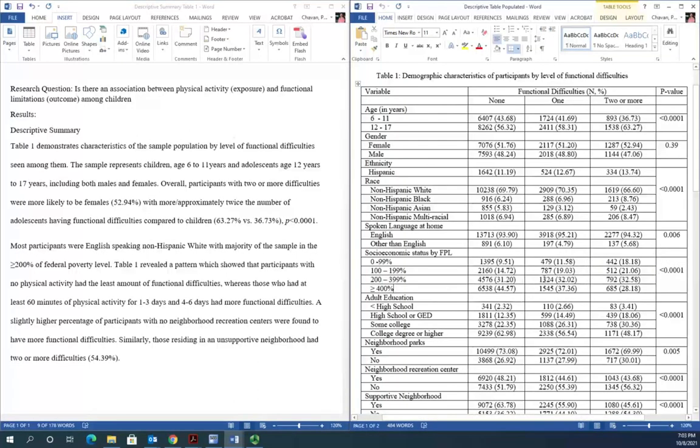Because most of the population over here is 30% or above 30%. And I said greater than or equal to 200%, which means it also includes this particular response category. So 70% of the population was greater than or equal to 200% of federal poverty level.